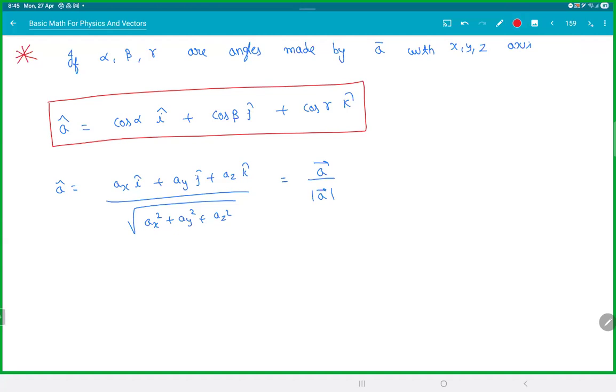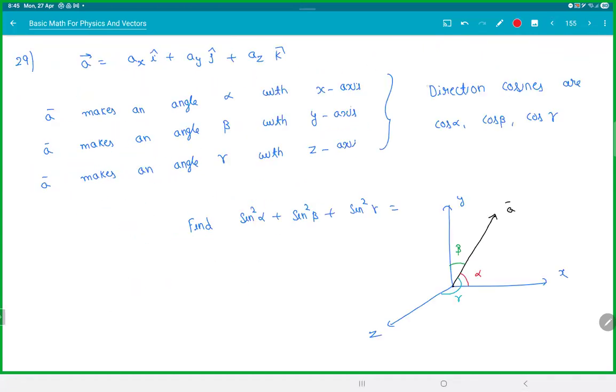So we call this thing direction cosines. So you can play around. If alpha, beta, gamma are the direction angles, then you can get the vector. All clear with this? So that is one new terminology you heard today, direction cosines. Because the cosine functions are showing directions, we call it direction cosines.